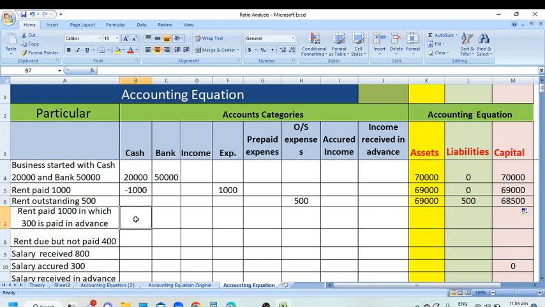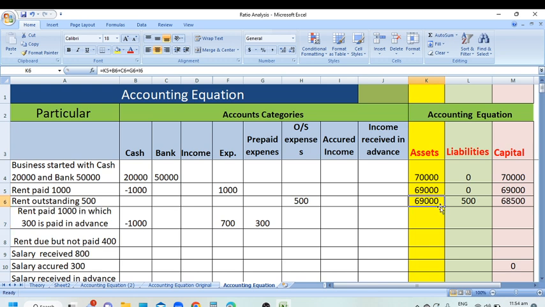Rent paid 1,000. So paid 1,000 means 1,000 will come here, in which 300 is paid in advance. 300 paid in advance means your prepaid expenses, right? So 1,000 you pay, 300 is advance, and means 700 is actual. So actual will come here.